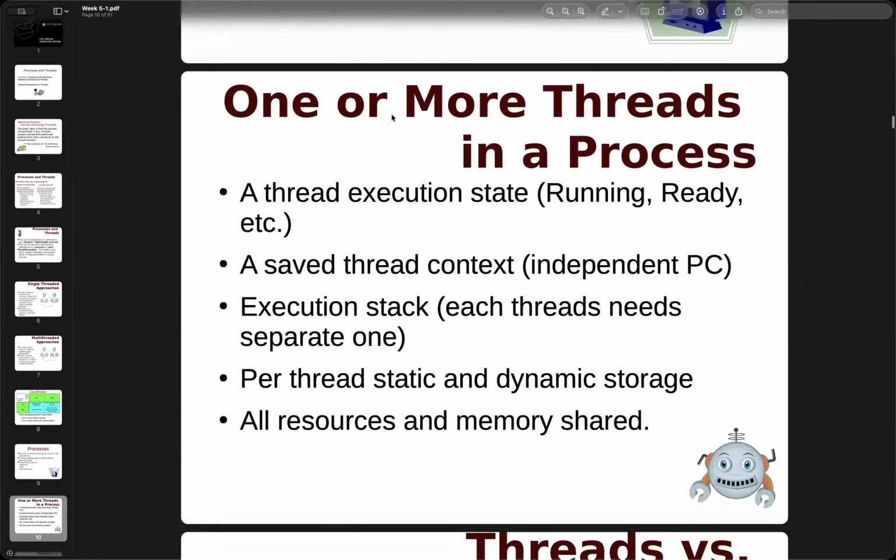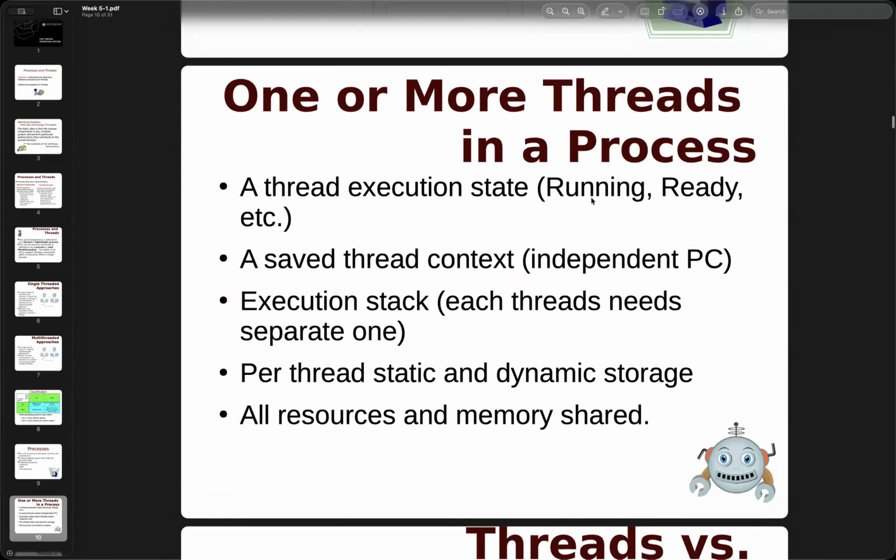And when we talk about one or more threads in a process, each thread has an execution state, because we break down the process into multiple threads, so we do have the same states: running, ready, and so on. We also have the saved thread context, with an independent PC and also an execution stack.